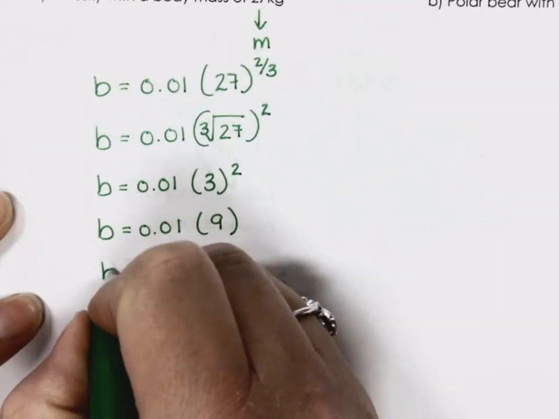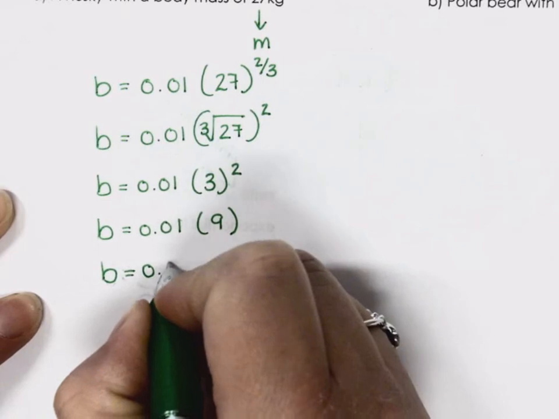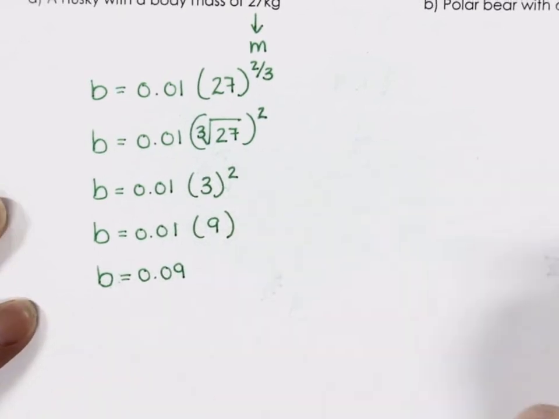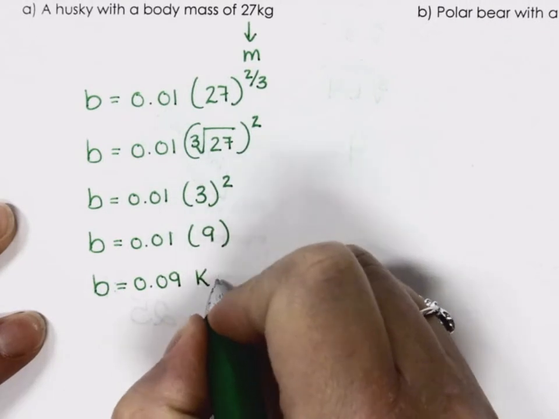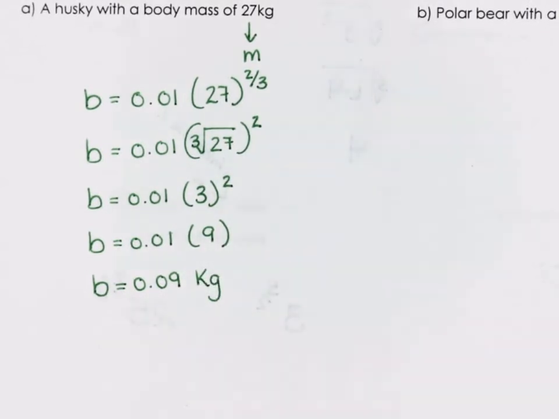So the brain mass is 0.09, and brain mass is estimated in kilograms. That's a small brain, I guess. Well, the dog doesn't weigh a lot, so its brain's not going to weigh half of its body mass.